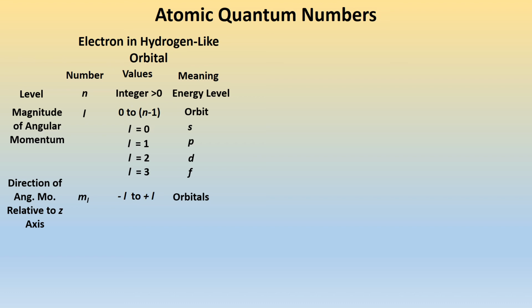For example, for a p orbit where L equals 1, m sub L can have the values of -1, 0, or +1. Therefore, the p orbit has 3 sublevels, or 3 orbitals, and can hold 6 electrons.